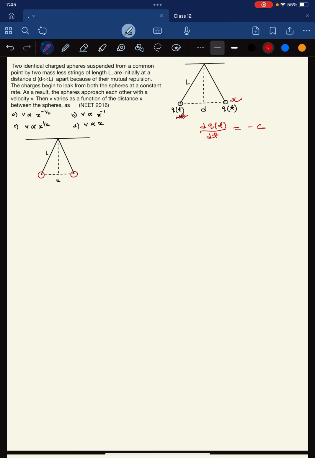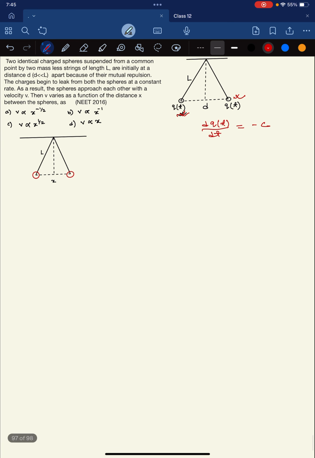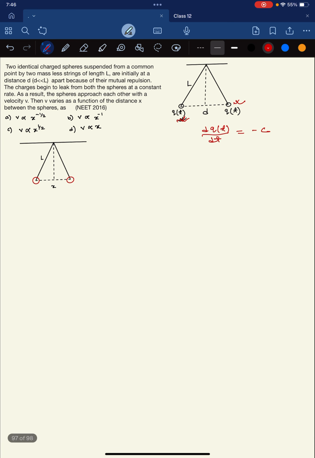If the charge is decreasing, then the force of repulsion will also decrease because the magnitude of charge is decreasing. So if the repulsion between these two charges is decreasing, then they will start approaching each other.